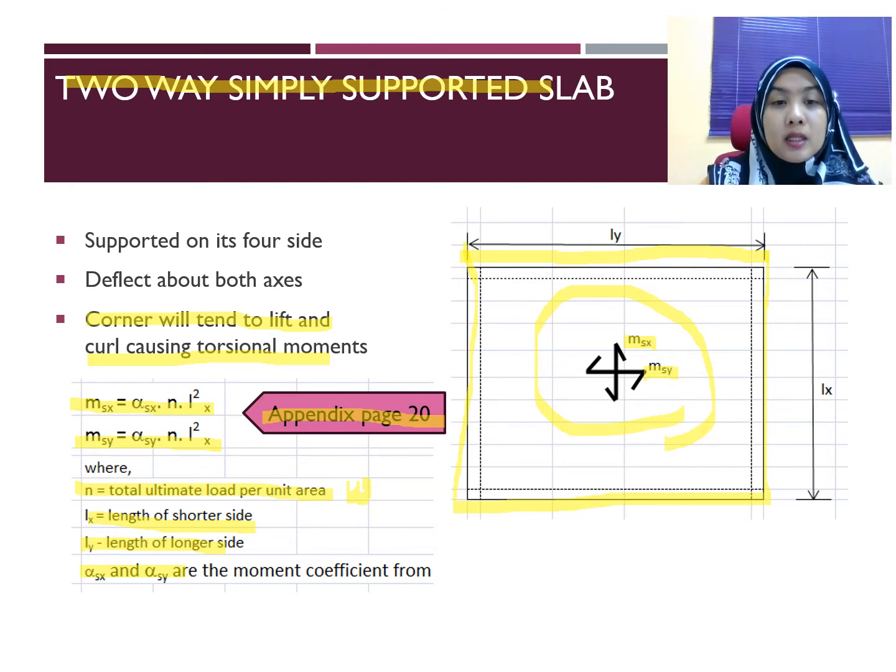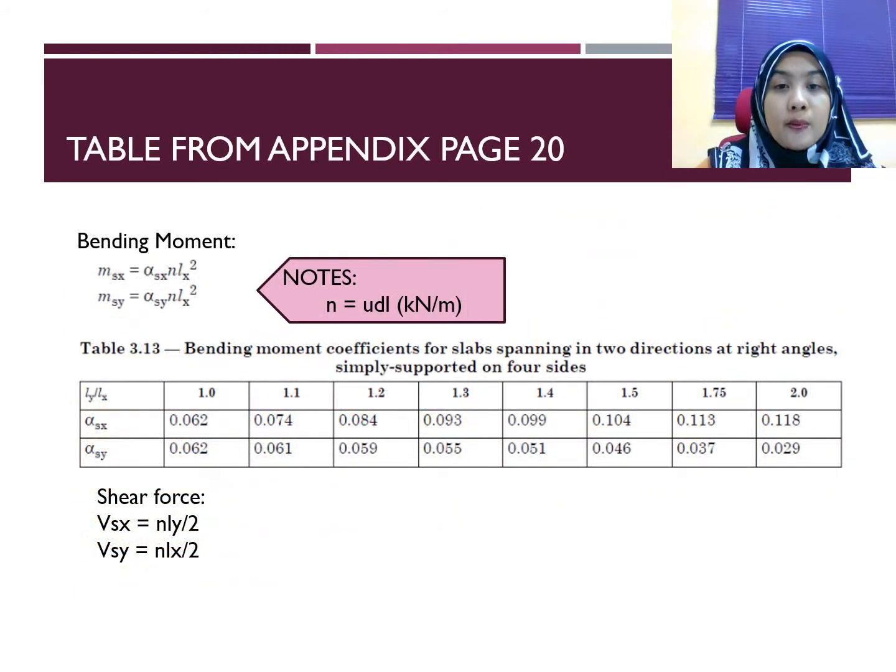In the appendix, we have table 3.13, which is bending moment coefficient for slab in two directions. Based on your Ly over Lx value, you get your alpha x and also alpha y value.